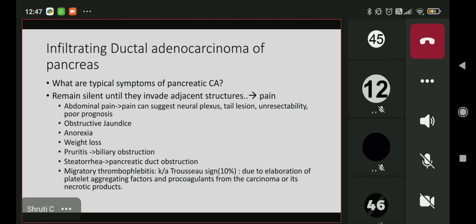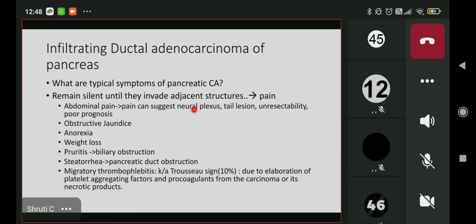Clinical features: they remain silent until they invade the adjacent structures, and so they will cause pain. But usually by the time the pain occurs, the carcinoma has spread into the adjacent structures, and therefore the survival rate is also very dismal.